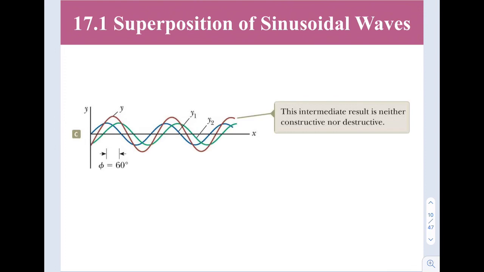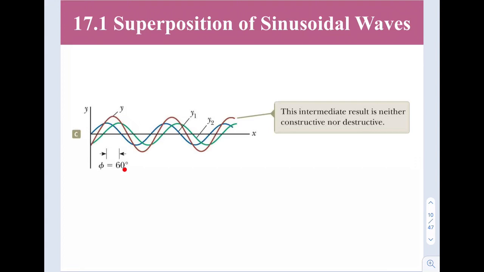Let's move to figure C. Let's say phi is not pi/2, it's not 0, it's not 180 degrees. Now we have y1 represented by the blue color and y2 represented by the green color, where the phase difference between y1 and y2 is 60 degrees, let's say.